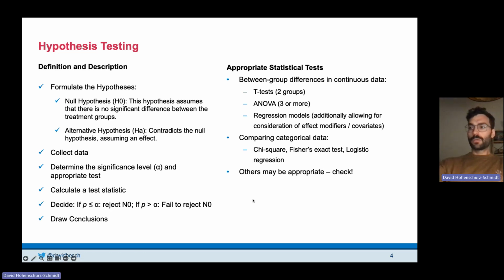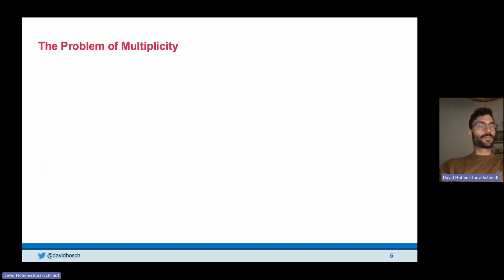Now in the script, you're going to find a little bit more detail about statistical tests. That's something to remind you of your undergrad teaching probably, and also to help you by allowing you to look it up when you need it.